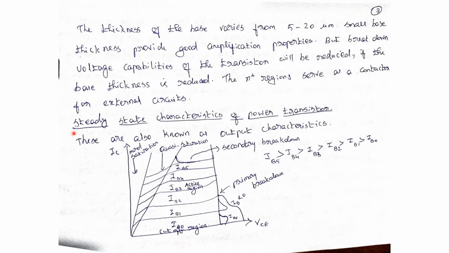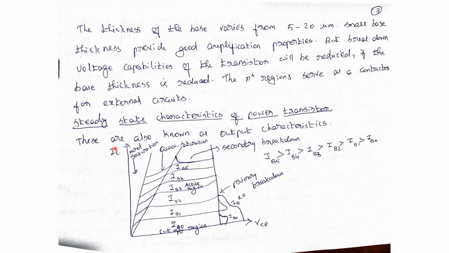Then next we will see the steady state characteristics of the power transistor. Steady state characteristics of the power transistor are also known as the output characteristics. Here, the graph is plotted between IC and VCE. IC means collector current, VCE means collector emitter voltage.